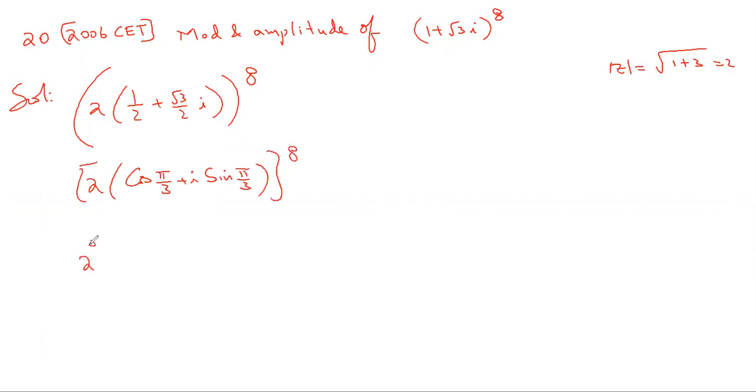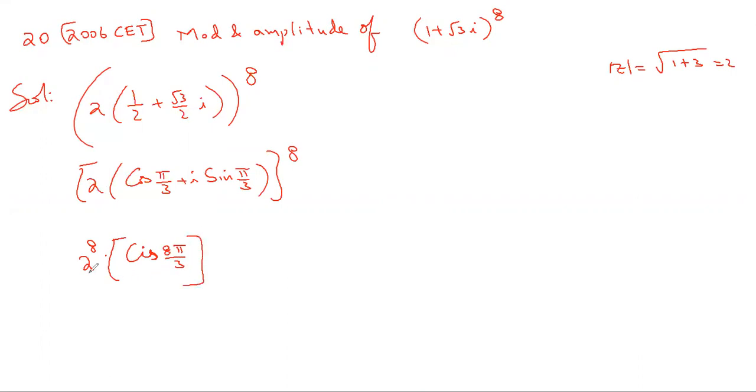So this is 2 power 8 into cos... there is a short form for cos theta plus i sin theta, cis. If you use that, for simplicity in the calculation, it is better to write the short form of cos theta plus i sin theta: cis 8 pi by 3.